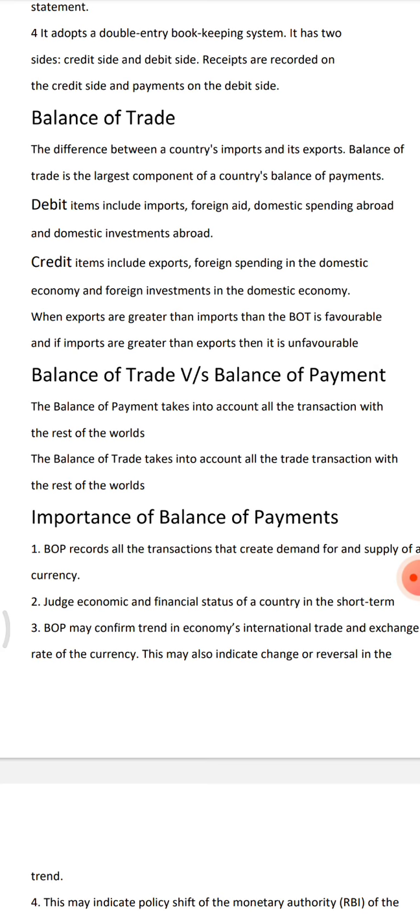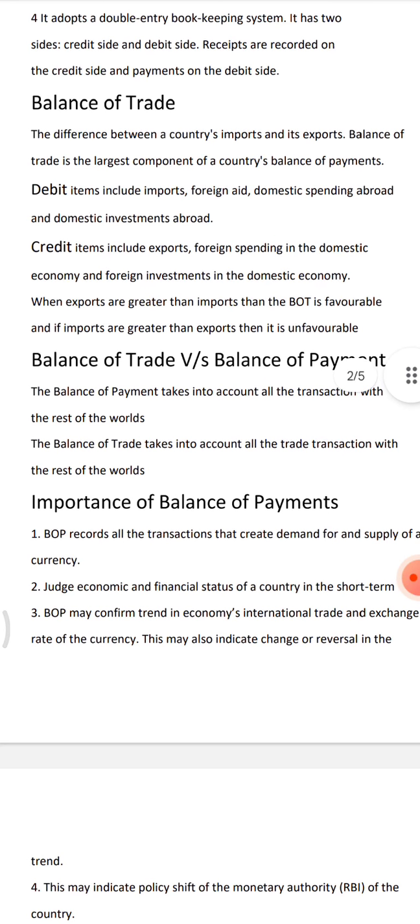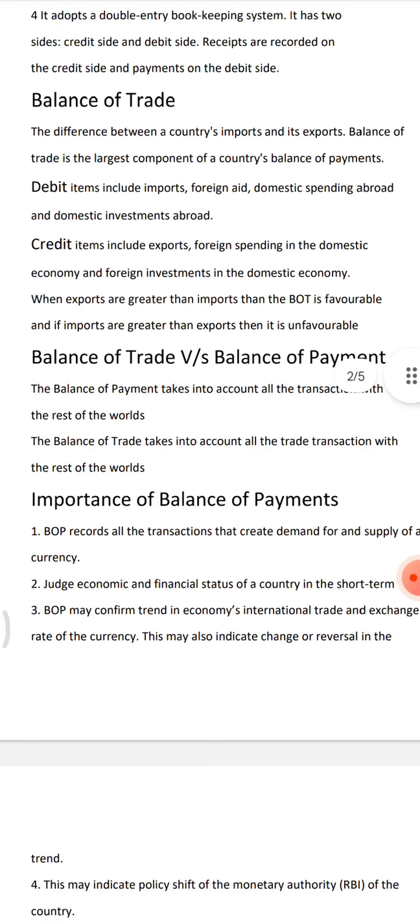But when exports are less and imports are more, meaning we are exporting fewer goods and importing more visible goods, it is known as deficit, which is a negative, adverse, or unfavorable condition for the country.